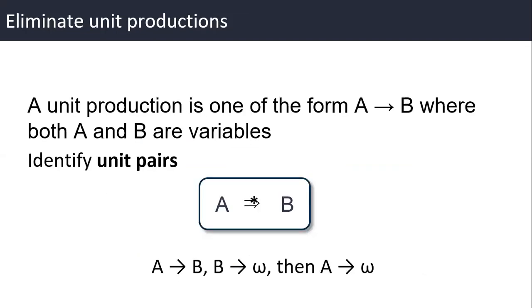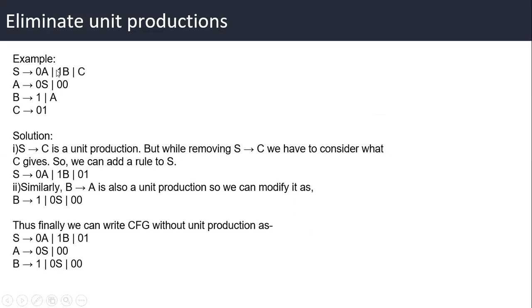Third, we are talking about unit production. If a production has a single variable deriving a single variable, this type of production is known as unit production. When there is a unit production, we have to replace the right-hand side variable with its production, what this variable produces. For example, this is a grammar. S produces C, a variable producing a single variable.